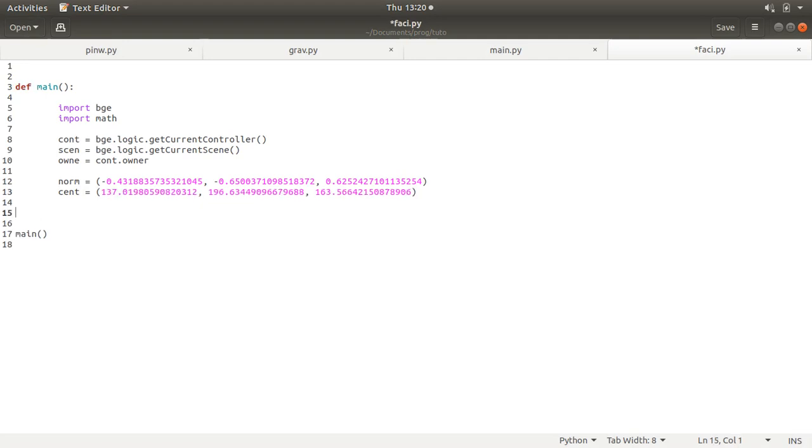Then I need to get the position of my point, which might be my player. And then I need to make a vector that points from the center of the plane to the point.